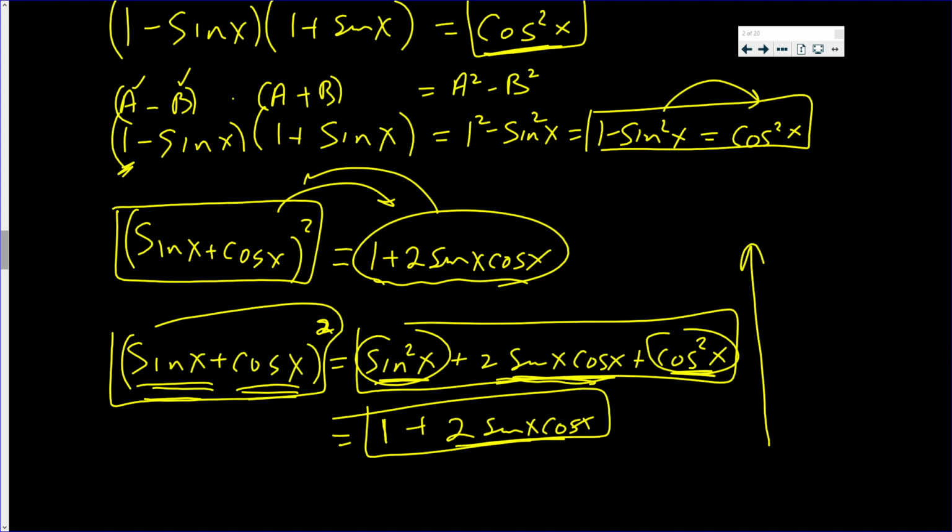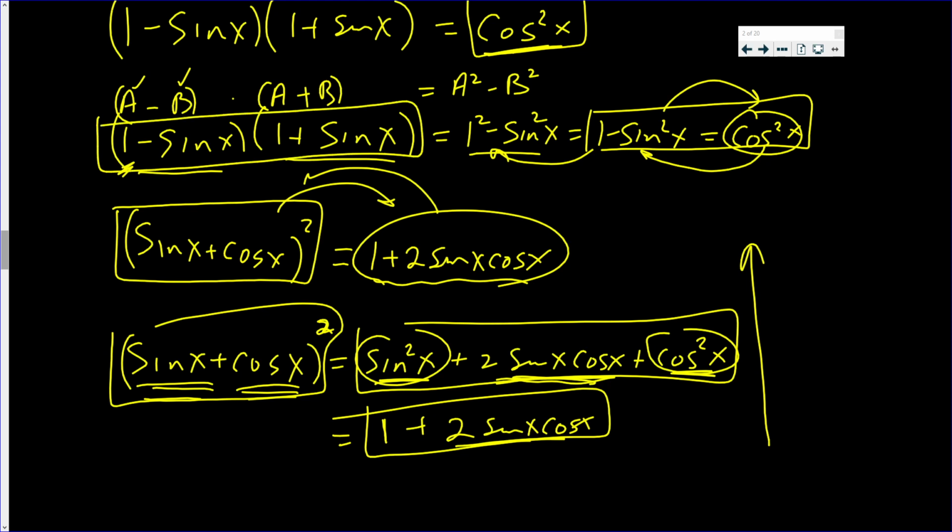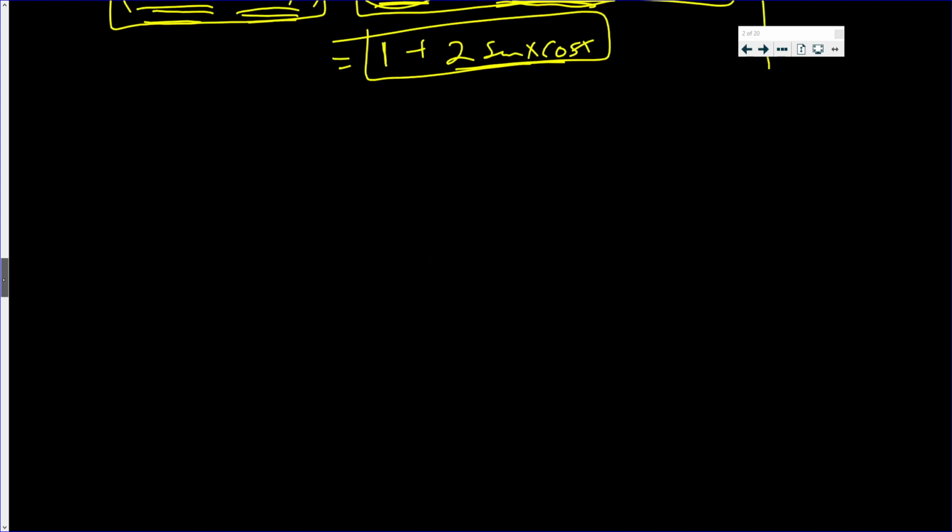This is true for all of them. Read it backwards. Cosine squared x is 1 minus sine squared x. 1 minus sine squared x is 1 squared minus sine squared x, which is the difference of squares, which we can write that way, and we're done. I started with cosine squared x, and I got this. You can always read it backwards.